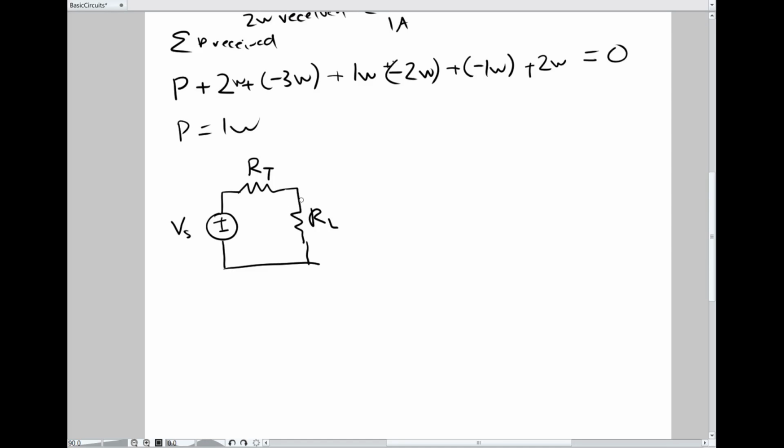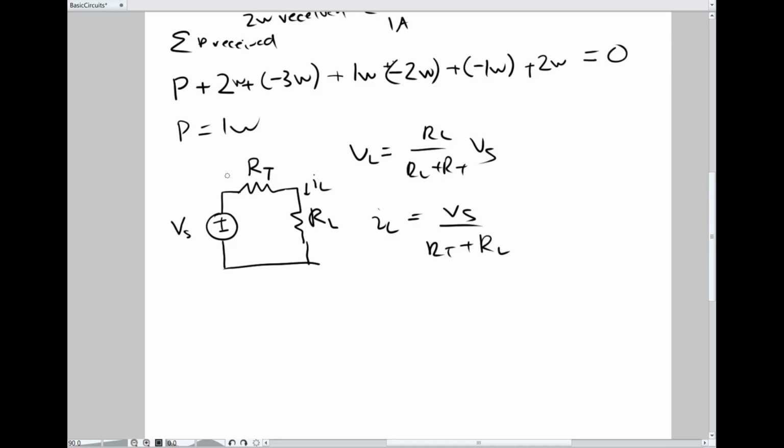So let's just find an expression for the power. So we need the current, and we need the voltage. For the voltage, we just use V load. We just use voltage division. So that's just R load over R load plus RT times VS. For the current, we just use Ohm's law. So current through the load, this is I load, is equal to VS divided by RT plus RL.